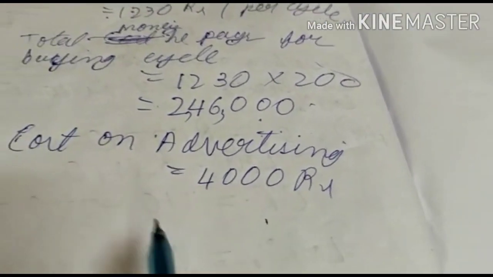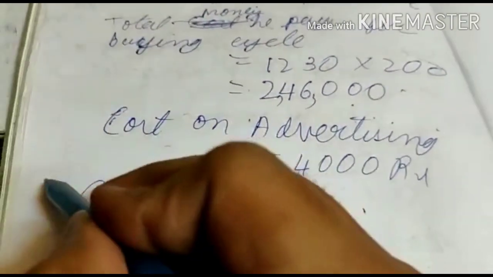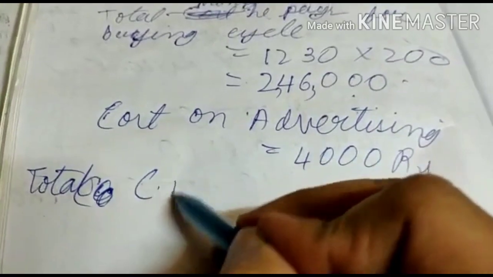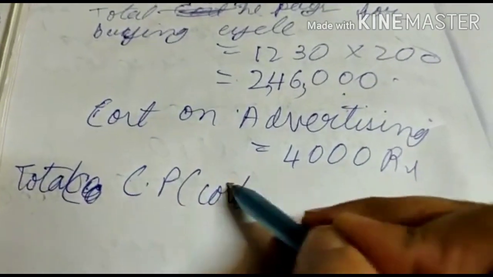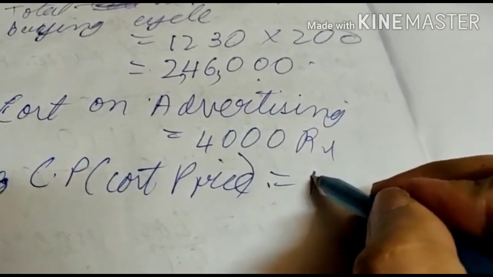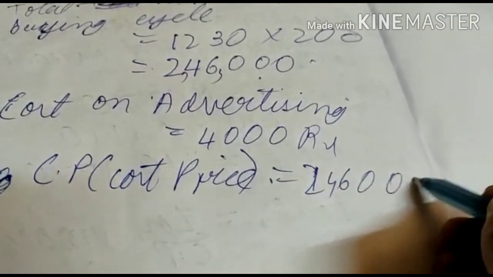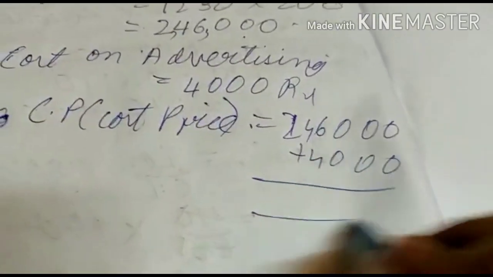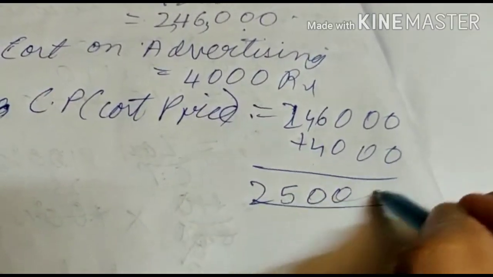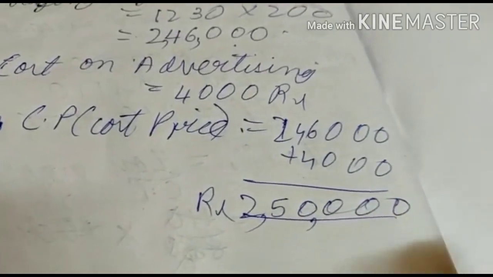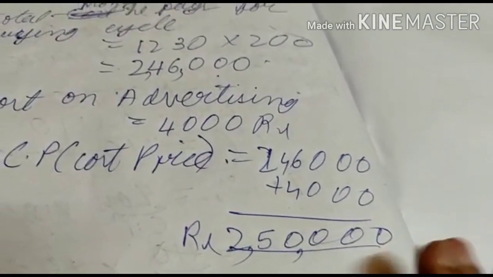1350 per cycle. So here it is the total CP, cost price, is 2,46,000 plus 4,000, that is 2,50,000. This is the money he spends on the cycle and final amount that he has spent for those cycles.